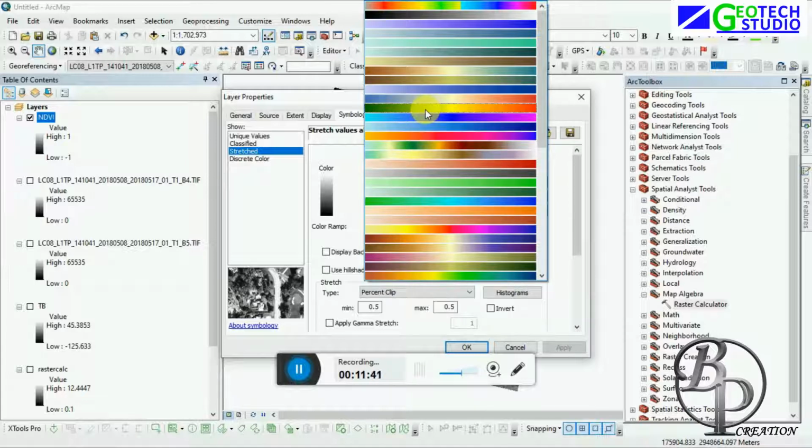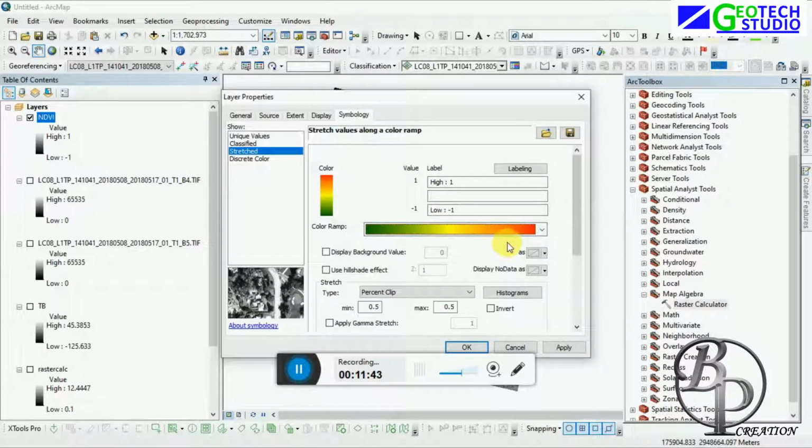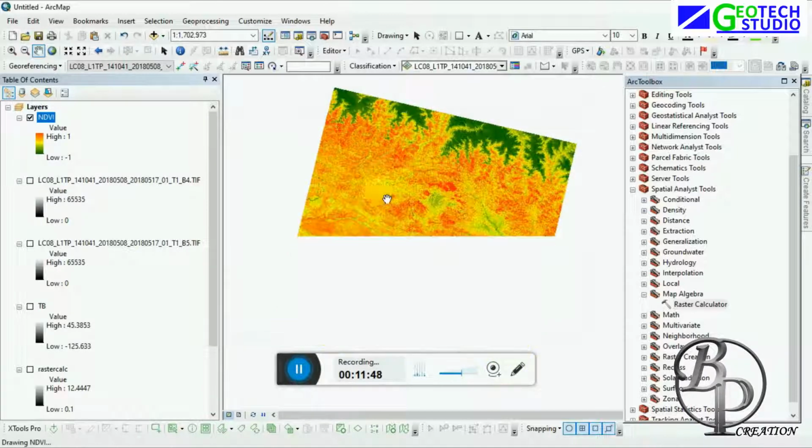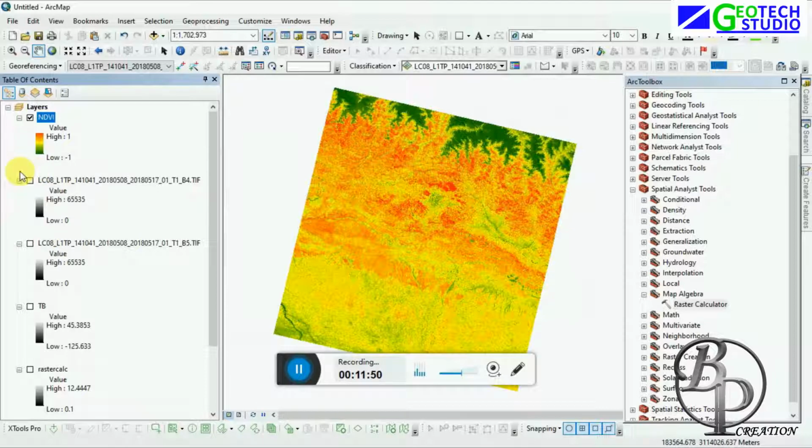I'm gonna use this and click on apply and OK. Now we can see our NDVI output.